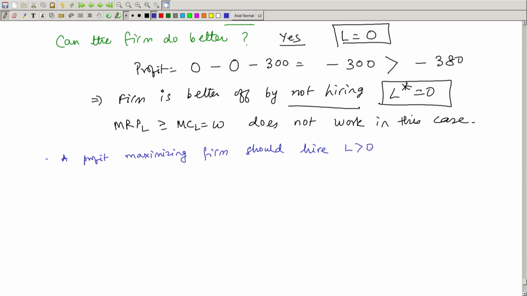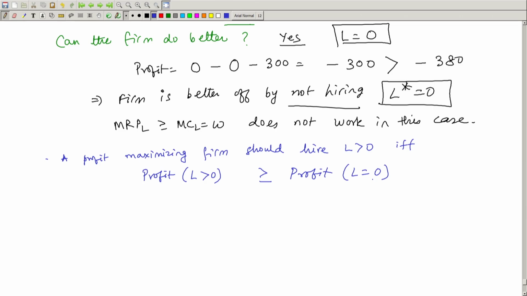A profit maximizing firm should hire a positive amount of labor if and only if the profit that it makes by hiring those positive amount of labor is at least as large as the profit that it makes by not hiring, right. Because if the inequality worked the other way, then I am better off not hiring at all.